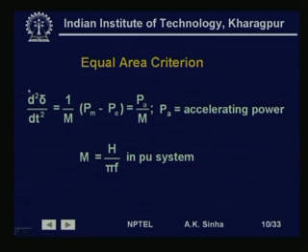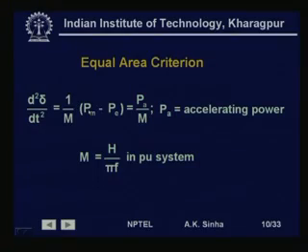We have the swing equation, which we write as m d2 delta by dt2 is equal to Pm minus Pe. I have taken m from the left hand side to the right hand side. So, d2 delta by dt2 is equal to 1 by m into Pm minus Pe. Pm minus Pe is the accelerating power; if the difference is positive it is accelerating power, if negative it is decelerating power.